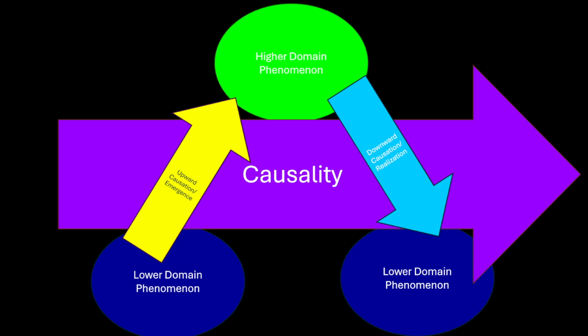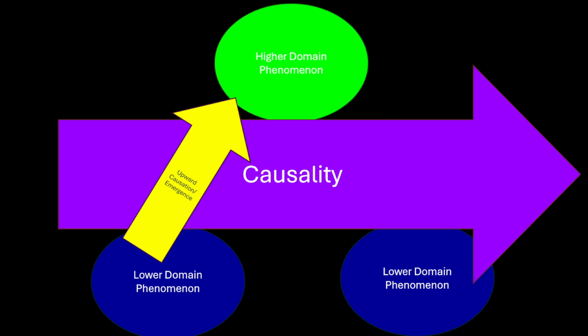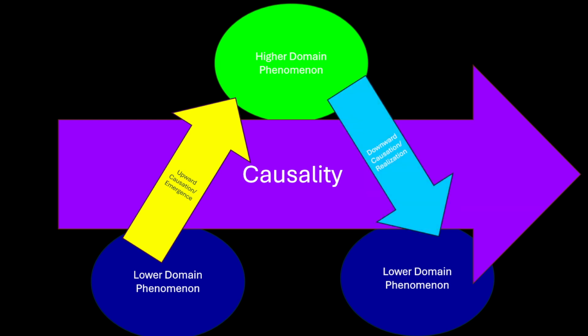Okay? So a phenomenon that arises from a lower level domain but has no causal influence on that lower level domain is just weakly emergent. So that's this case. But once that higher level domain has some kind of an influence over its fundamental constituents, we now have a strongly emergent phenomenon, because there's no way to use the basic math to figure out how that phenomenon is going to behave.